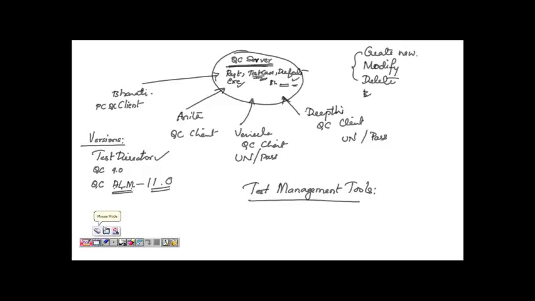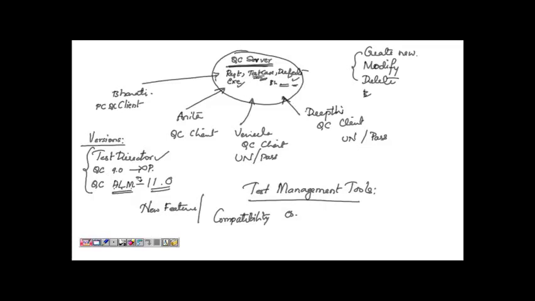Okay, is it clear everybody? The reason why they have developed this is that they have not added any new features as such. I mean, not any major changes. It is just that, for compatibility, they have updated the version. Compatibility with what? Your operating system. Quality Center 9 was working very well with your XP.